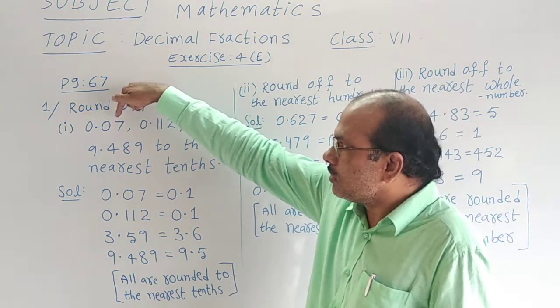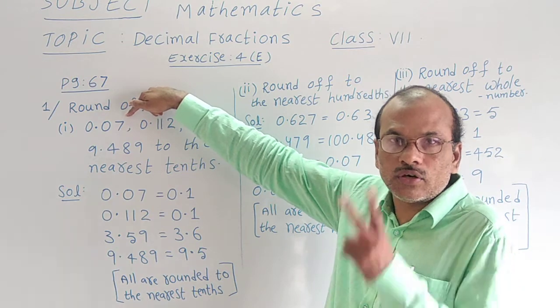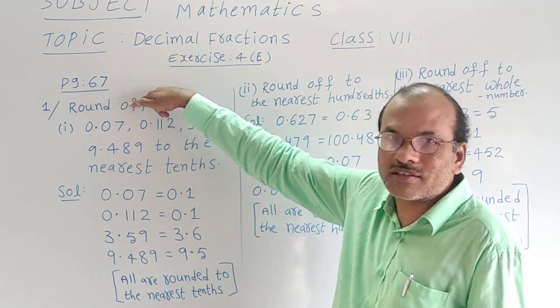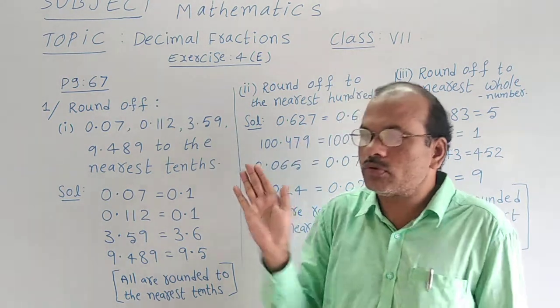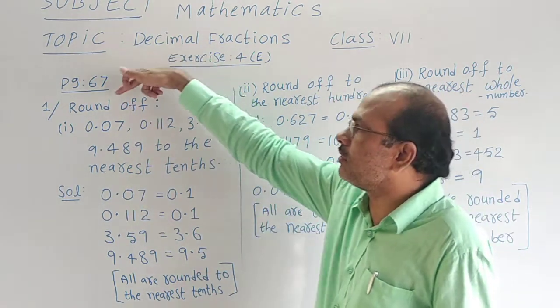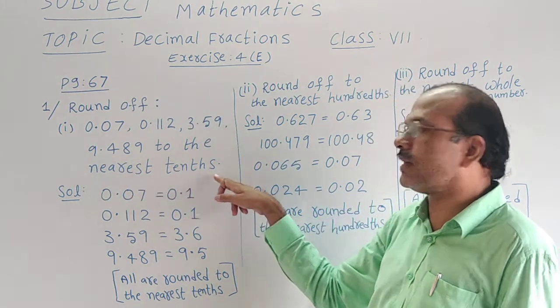Now here, tenths place, hundredths place, two decimal places are there. They don't want to see two places. They want to see only up to the tenths place. Up to the tenths place only we should reduce that. That is why they said round off the given number to the nearest tenths.